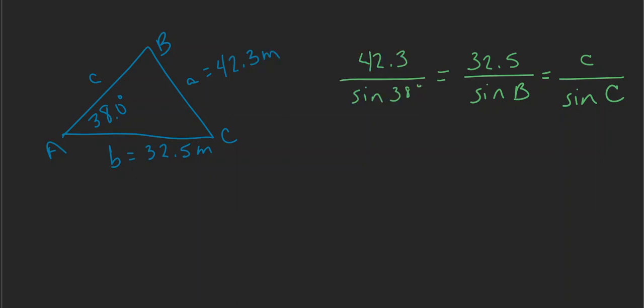So I'm going to do my cross multiplication: 32.5 sine of 38 divided by 42.3. I'm going to plug in 32.5 times sine of 38 divided by 42.3.